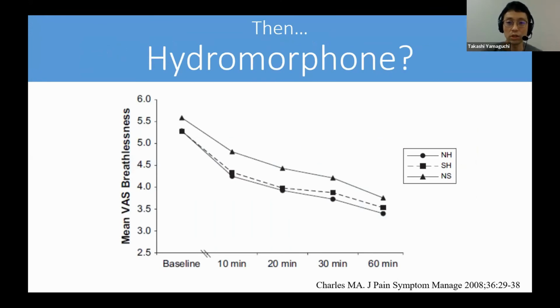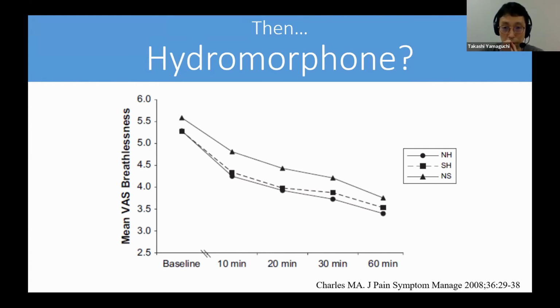So how about hydromorphone? There is only one study about hydromorphone for cancer dyspnea. 25 adult cancer patients from a single institution were enrolled in this 3-arm crossover RCT. The 3 treatment arms are normal saline nebulization, hydromorphone nebulization, and subcutaneous hydromorphone administration.